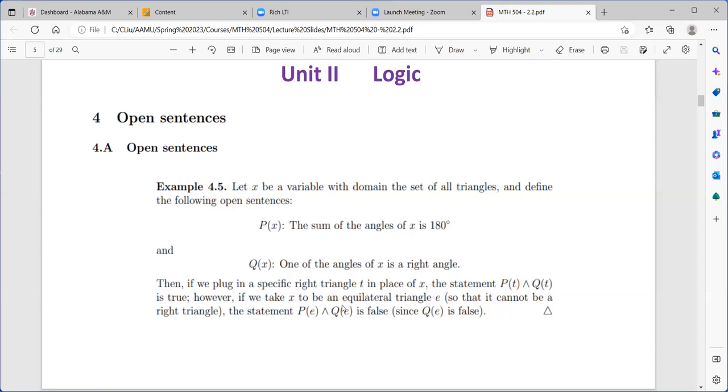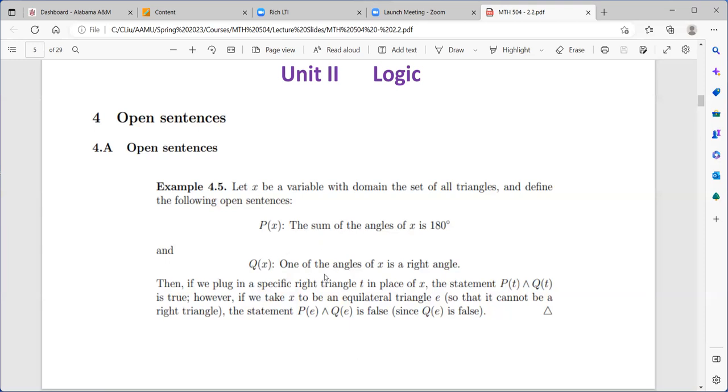All right, but if you plug in another value of x or another type of triangle, then Q may be false. Of course, P will always be true for any specified triangle, but Q is not.